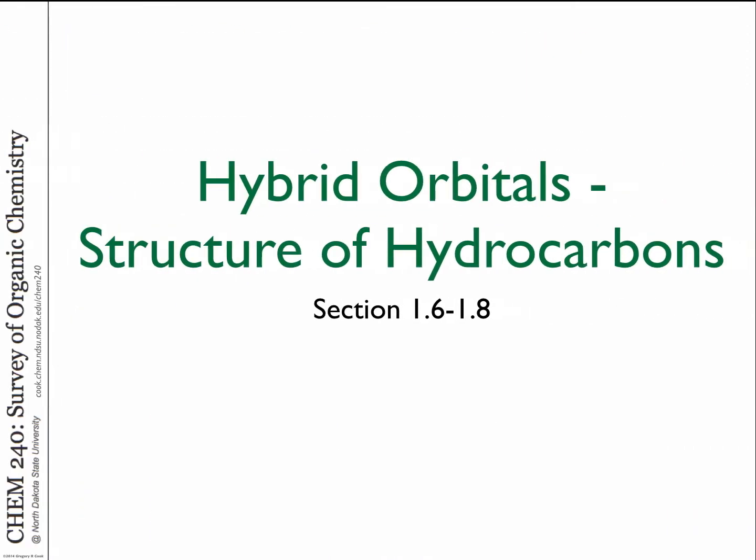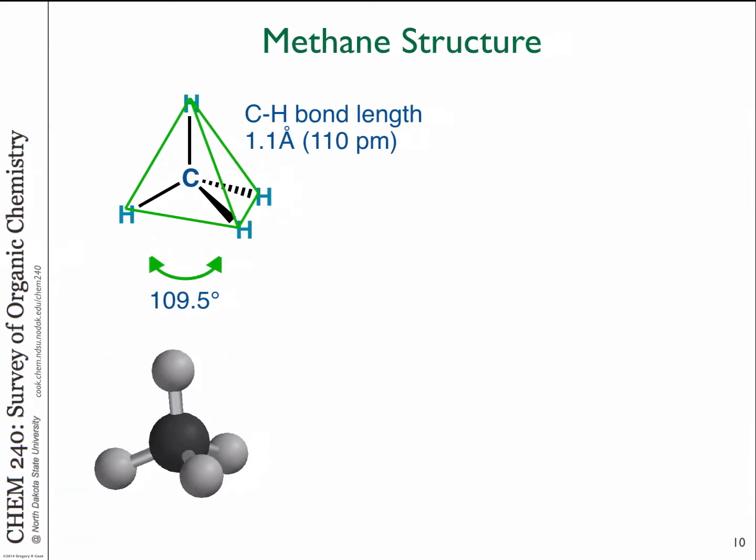Okay, we're just starting to talk about other kinds of bonding and structure in organic molecules besides the typical S and P orbitals. I left you with this observation that the molecule methane, CH4, is a completely symmetric structure in 3 dimensions.